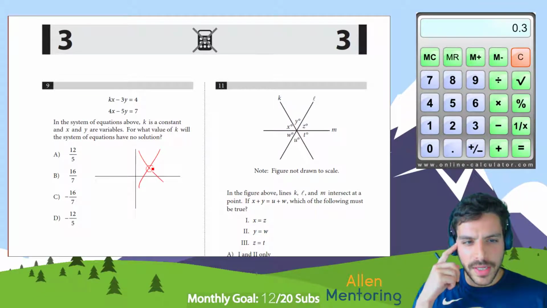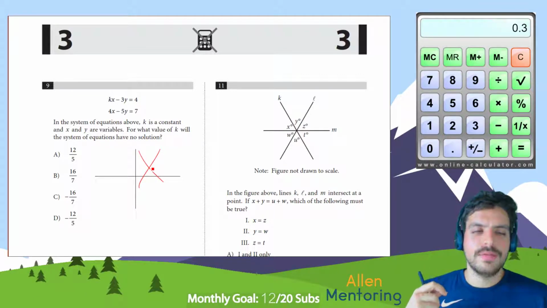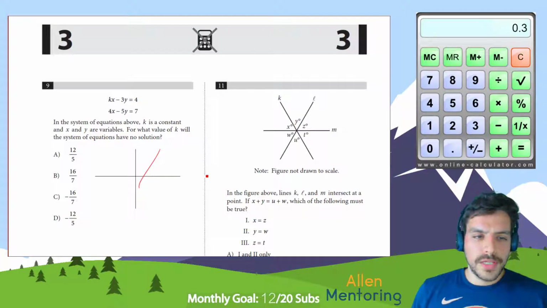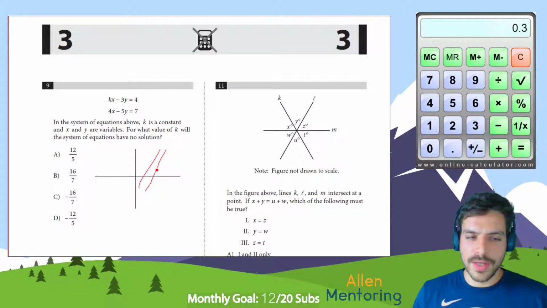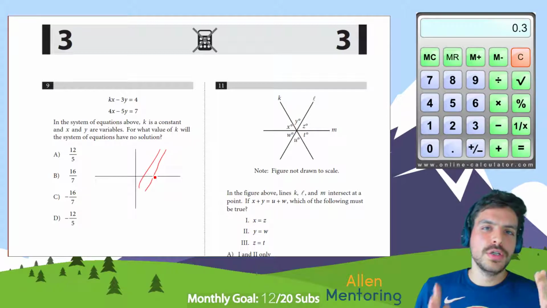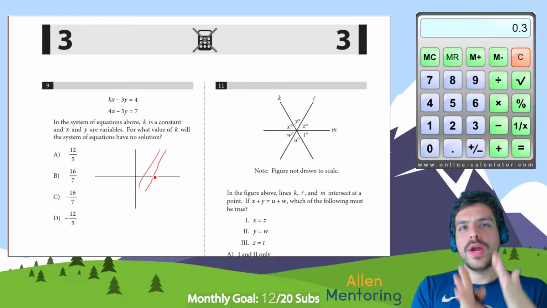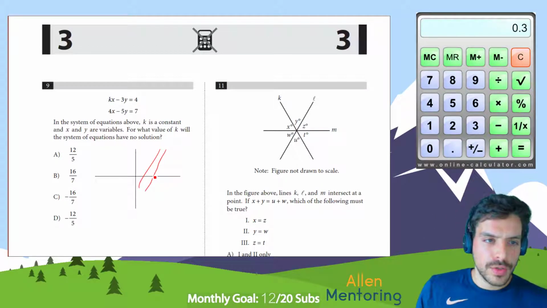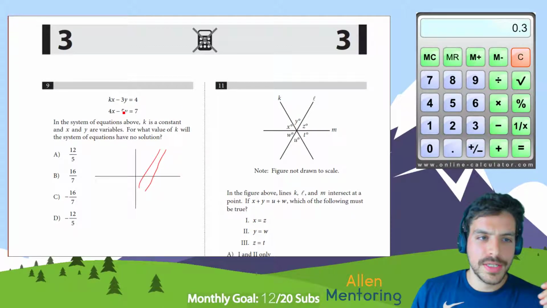So logically thinking, how can you have two lines that have no solution? Well, the answer to that is two parallel lines, right? And these are the worst two parallel lines ever drawn, but ignore that. Imagine they're perfectly parallel. We see that these two parallel lines have no intersecting points whatsoever, right? So we know that these two lines are parallel.